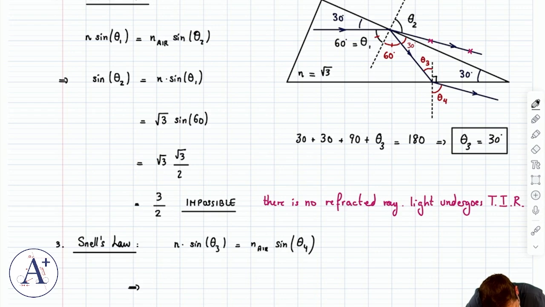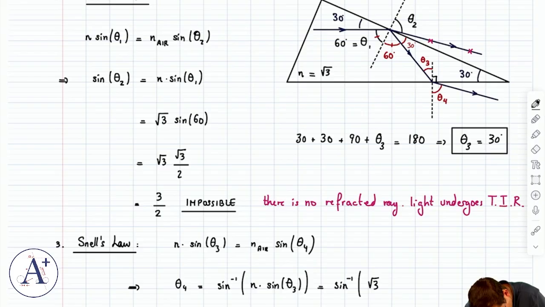Okay, so if you want theta 4, n air is equal to 1, so we have theta 4 is inverse sine of n sine theta 3. That's inverse sine of square root of 3. Sine of 30 is going to be 1/2. Okay, inverse sine of root 3 over 2, well that's fine. That's going to give me an angle that exists that is 60.